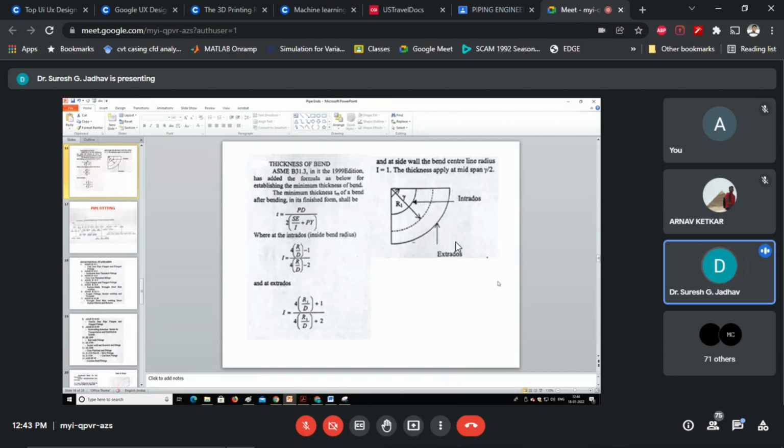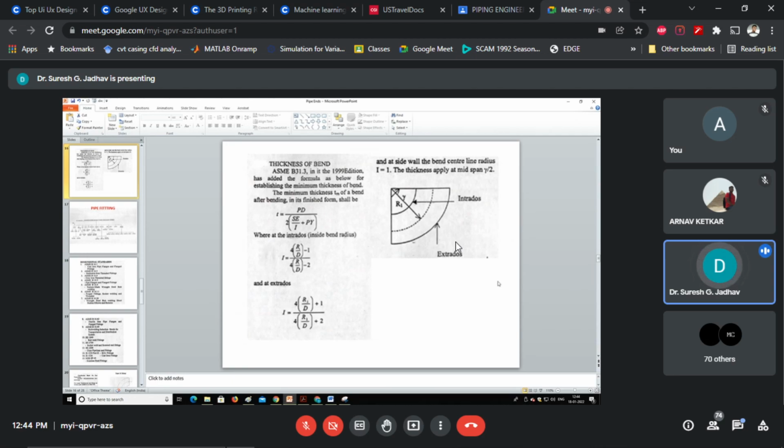The minimum thickness, that is tm of the bend. After bending in finished form, we have to consider the inside and outside thickness of this bend. So with the help of this standard ASME B31.3, we can establish the minimum thickness of the bend.